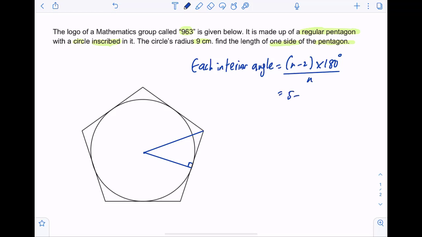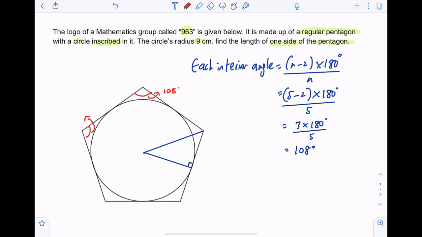So we got 5 sides, 5 minus 2 times 180 degrees over 5, 3 times 180 degrees over 5. That will give us 108 degrees. So the entire portion here will be 108 degrees.